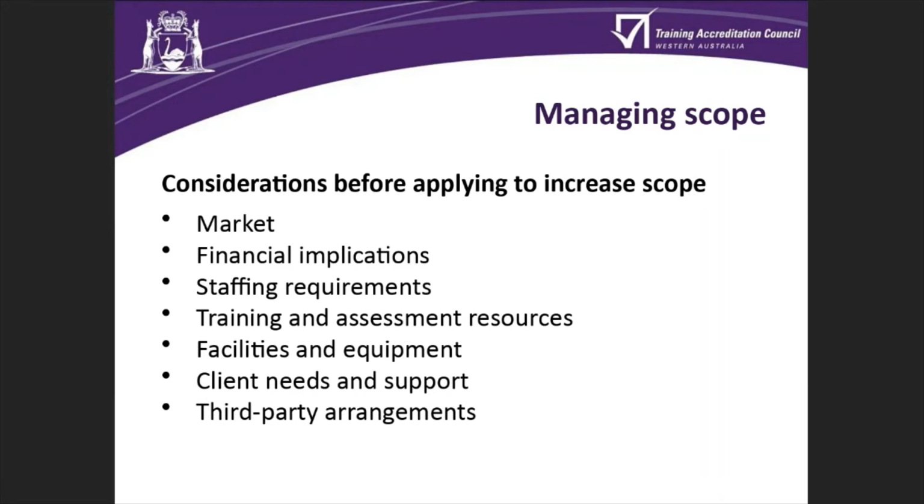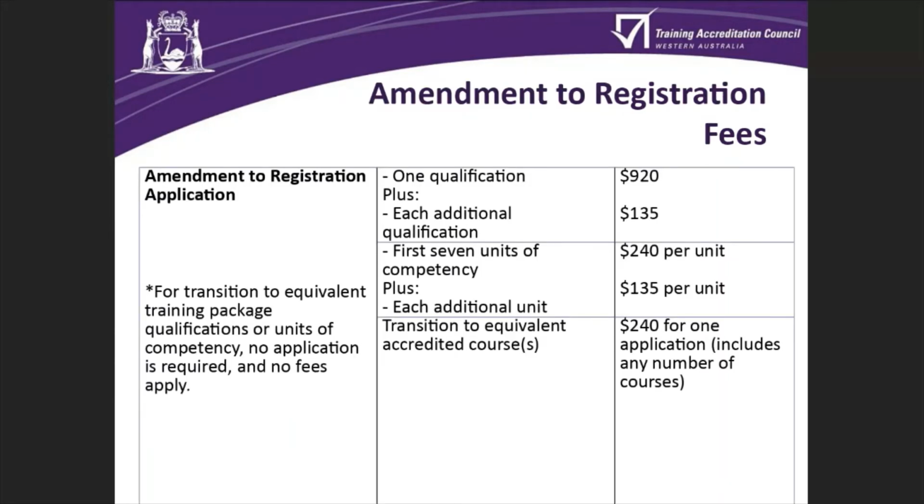So we're going to touch briefly now on fees, and this is information that can be found on page 2 of the registration application guide. But it's important for you to note that where you're looking at equivalent training package qualifications or units of competency, the process is done automatically by TAC, in effect on your behalf.